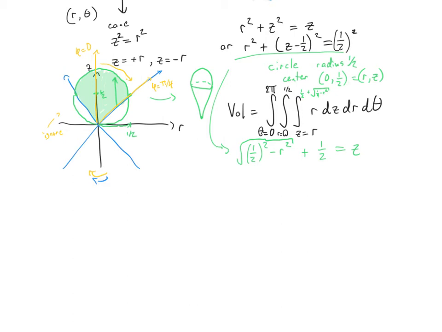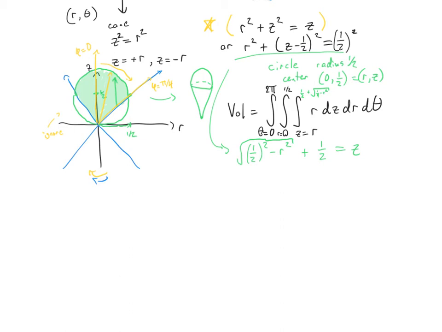And at any point in between, you're starting here and you're going out to that circle. And now is the point where we realize, hey, we don't actually have an expression for that circle in spherical coordinates yet. And this is where this first version of the equation is much easier, because r squared plus z squared is rho squared in spherical coordinates.